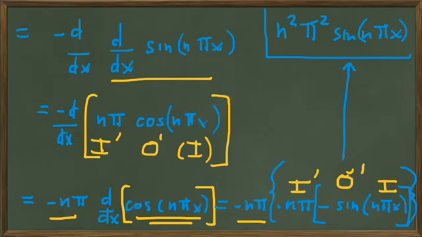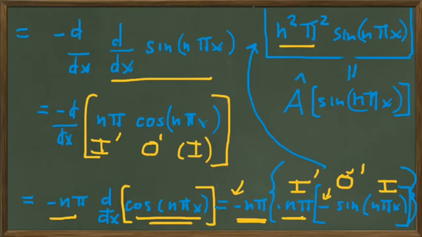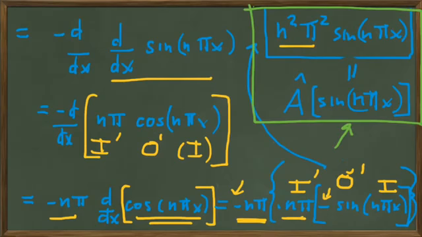And then if we put that together in more succinct form, we have minus, so it's positive. We have n pi and n pi, so that's n squared pi squared, and then we have sine n pi x. Or we have that a of sine n pi x equals n squared pi squared sine n pi x.